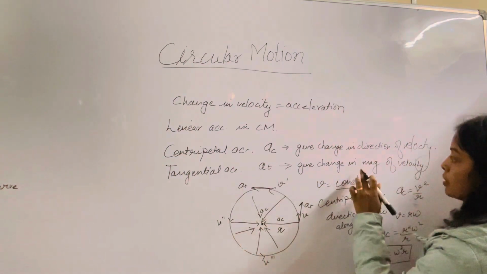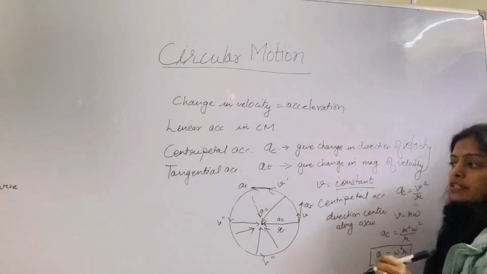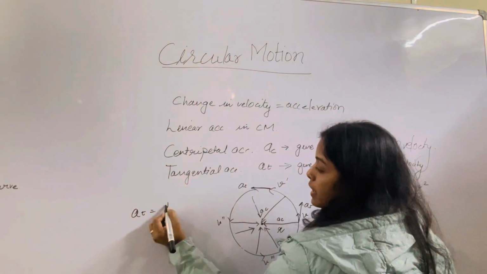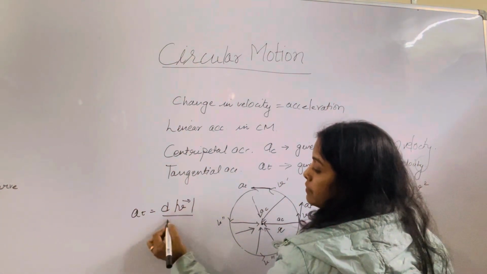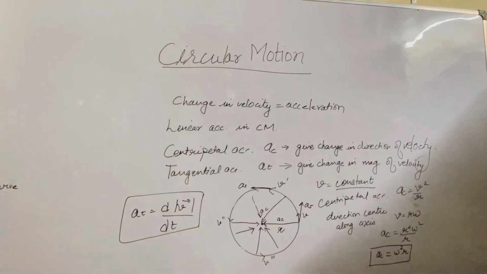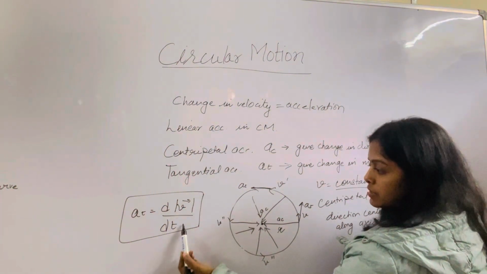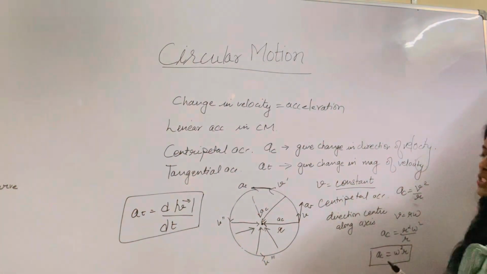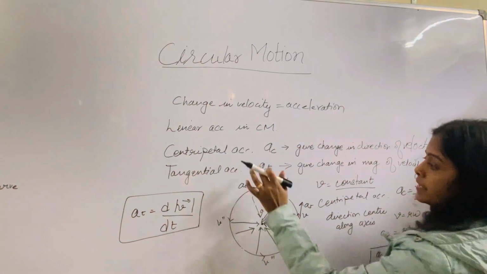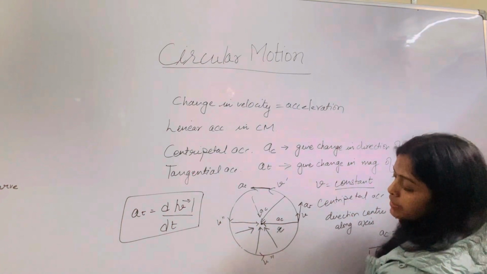The formula for tangential acceleration is the rate of change of the magnitude of velocity with respect to time. So when the velocity keeps on changing with respect to time in circular motion, we have the net acceleration.